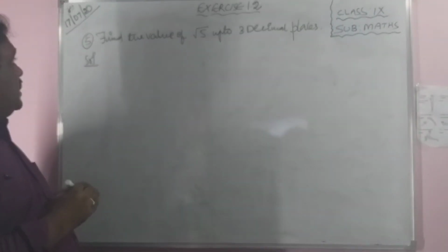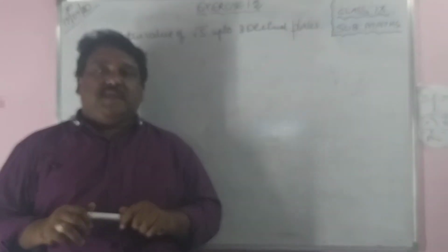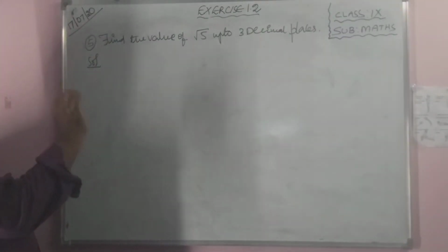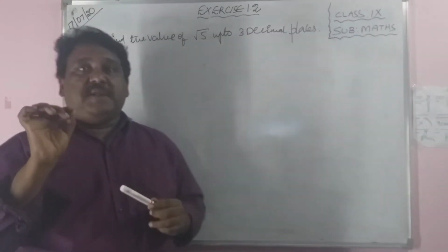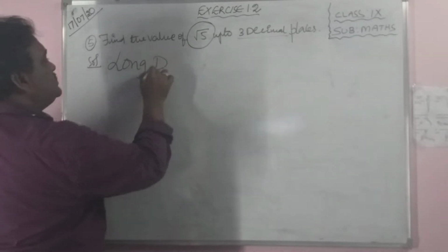Problem number 5 is: find the value of root 5 up to 3 decimal places. What is the problem? Find the value of root 5 up to 3 decimal places. Here what do we use?